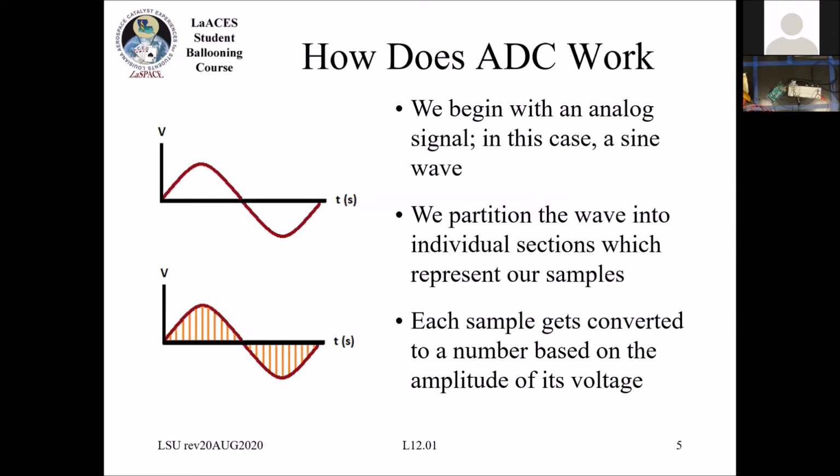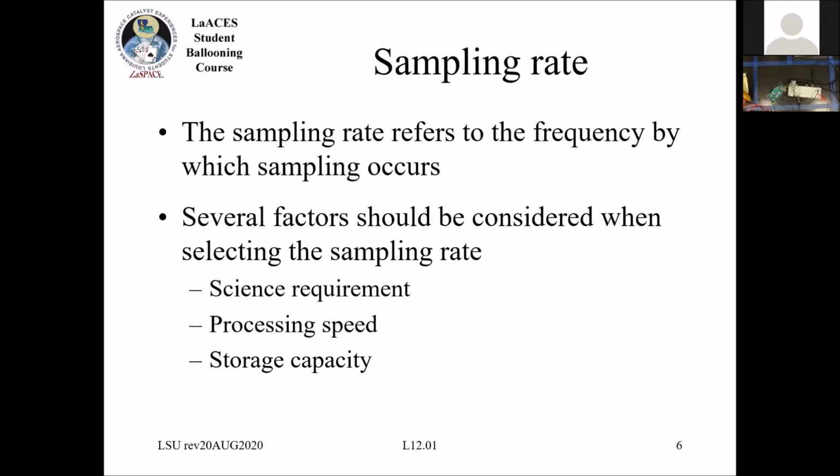You can see on the bottom, each of those orange lines, we're going to take the value at that point in time. And then we're going to convert that value into a digital number that's based on that size.